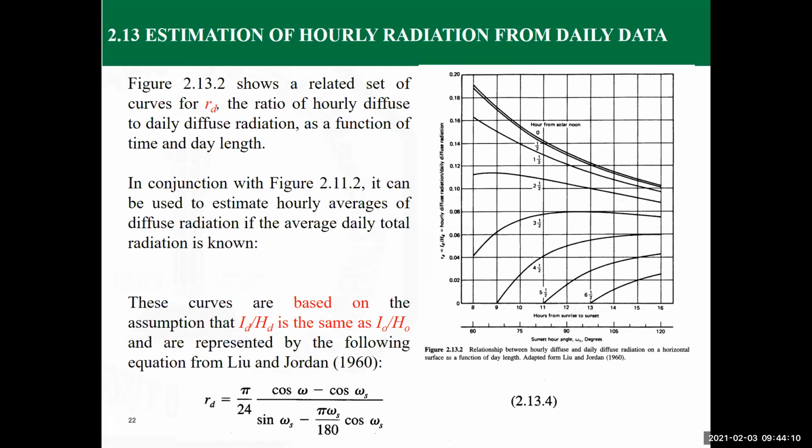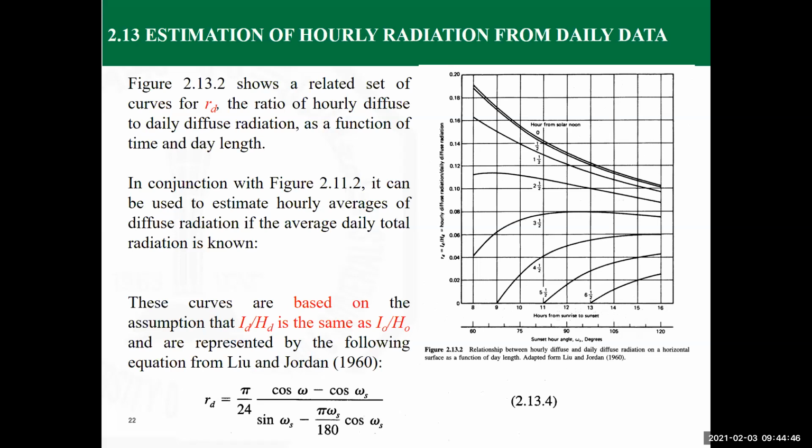I mean, qualitatively, it's the same way that you need to calculate what is the sunset hour angle, or what is the value of capital N, what time of the day, so that you can see how far you are from the solar noon, how many hours from the solar noon, and then you can get the ratio between the hourly diffuse radiation divided by the daily diffuse radiation. Daily diffuse radiation would be given so that you can get the hourly diffuse radiation at any hour.